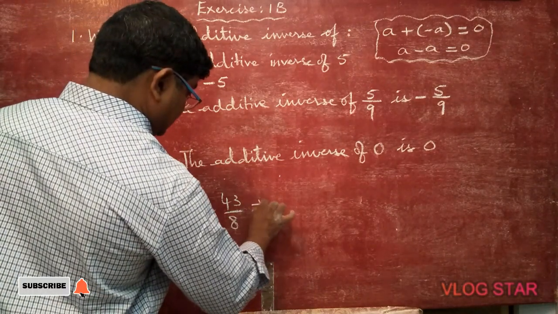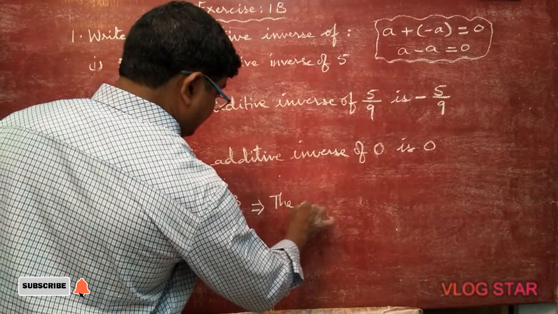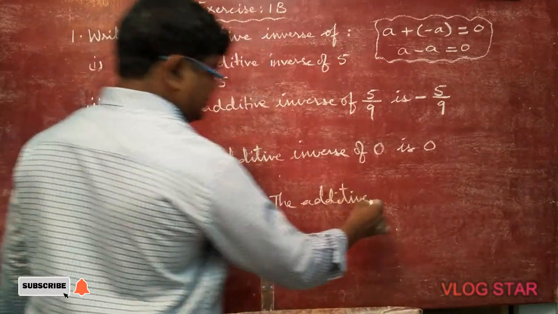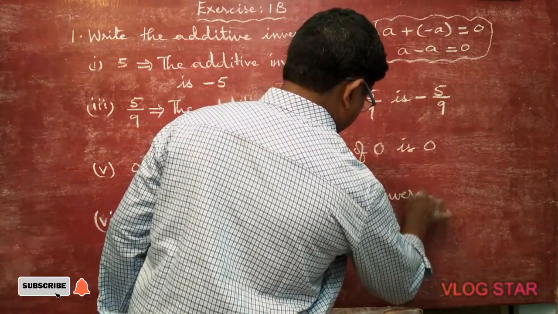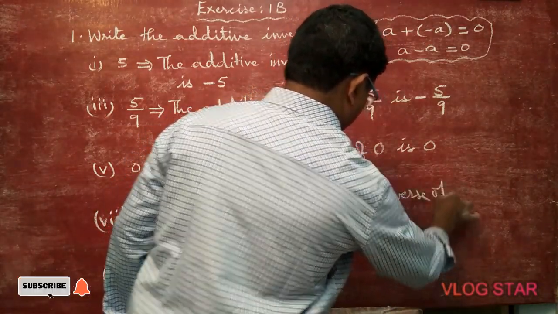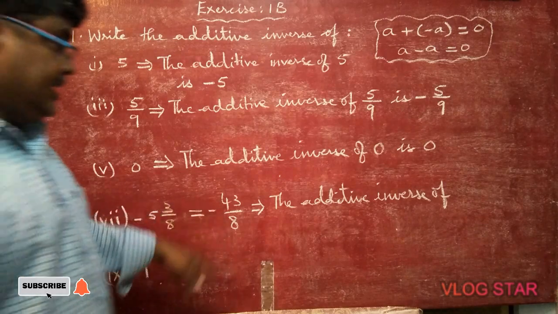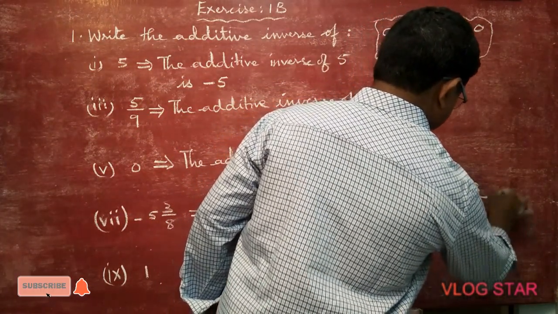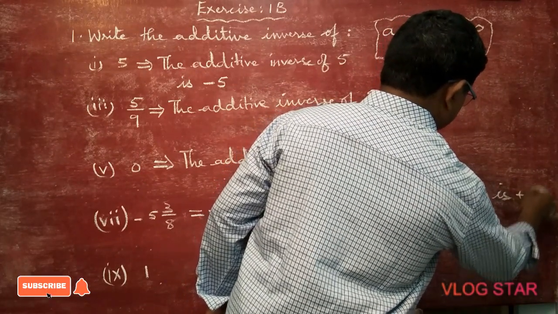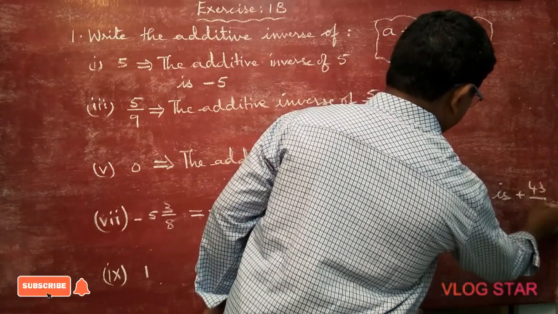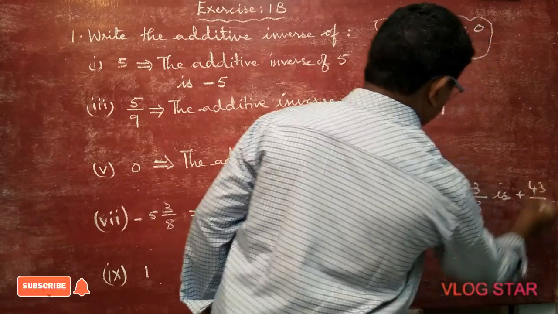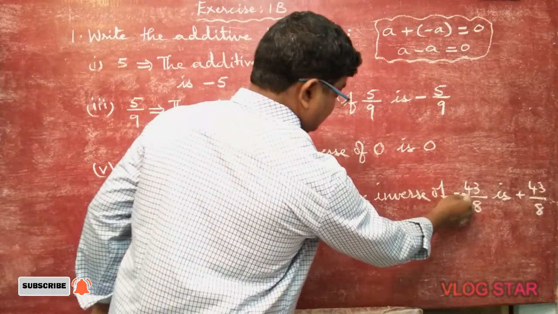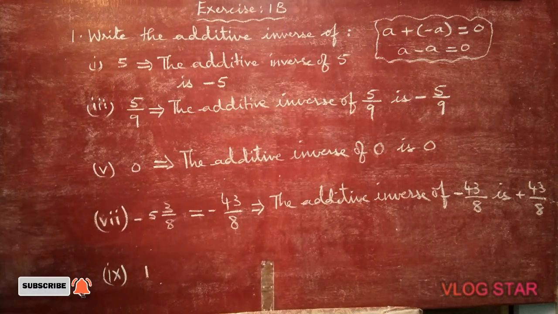Now, the additive inverse of minus 43 by 8 is plus 43 by 8. If you write plus, fine; if you are not writing plus also, no problem. For minus, you compulsorily have to put the sign.